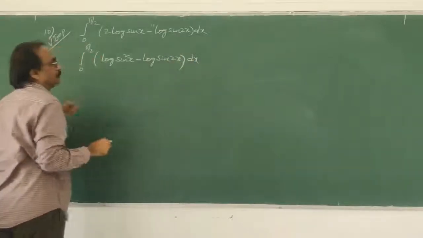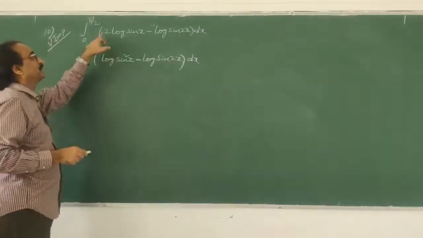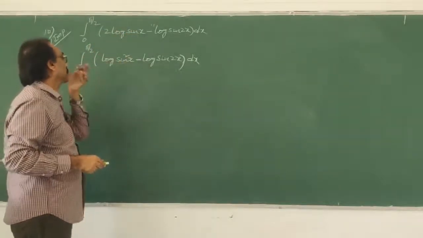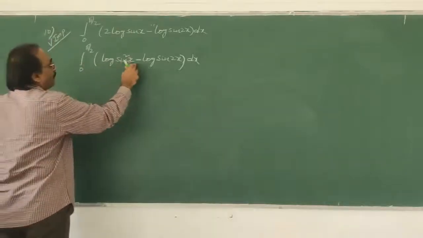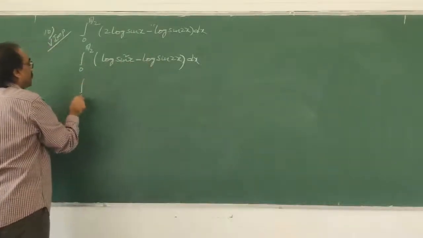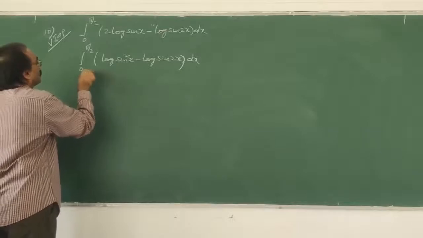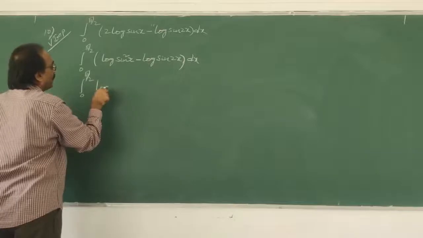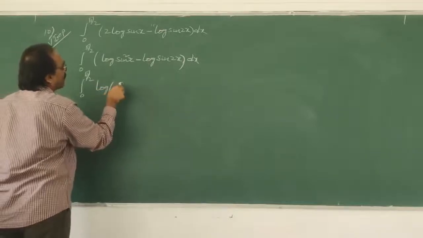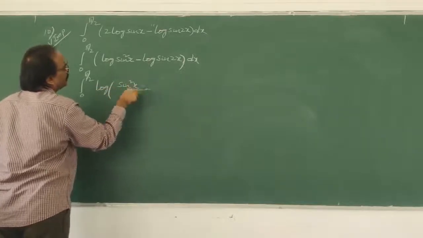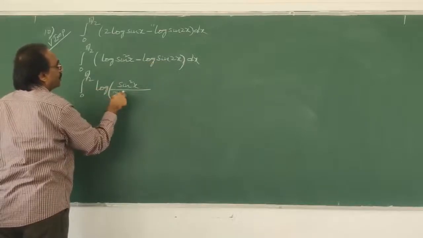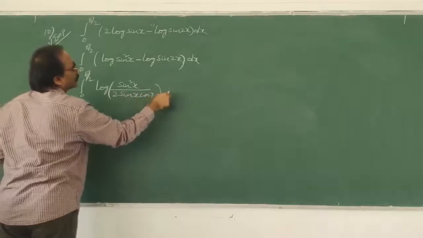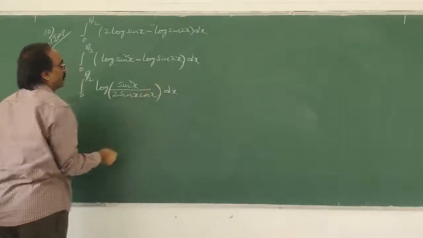Log a minus log b is log of a by b: log of sin square x by sin 2x. Sin 2x can be written as 2 sin x cos x dx.